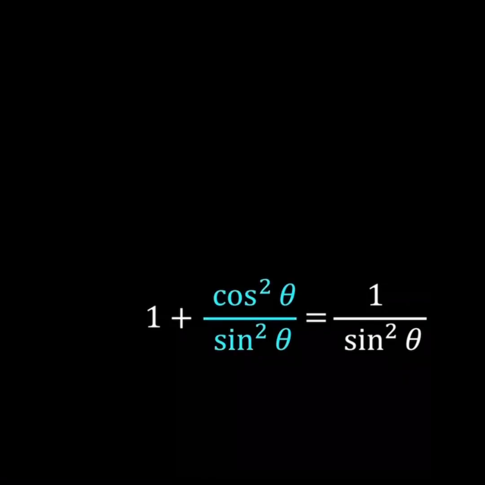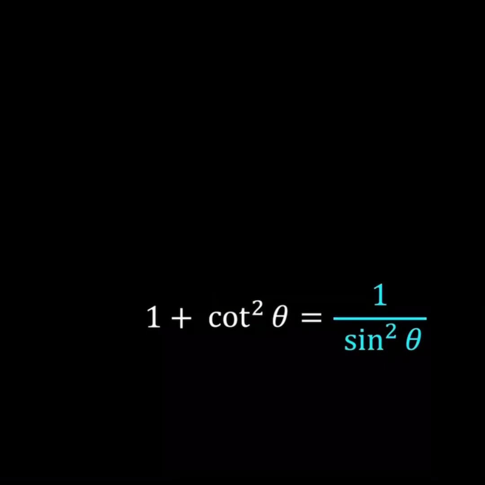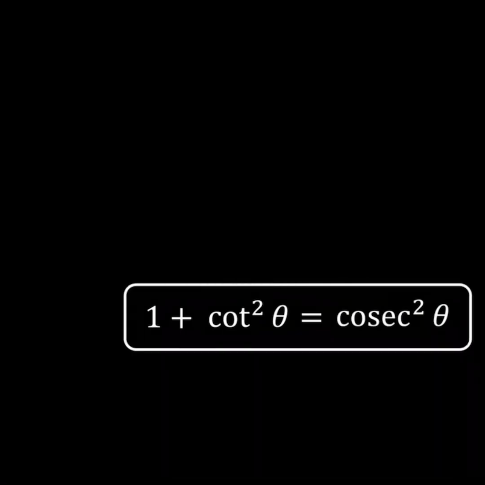The second term, cosine squared theta divided by sine squared theta, simplifies to cotangent squared theta. And the final term, 1 divided by sine squared theta, becomes cosecant squared theta. Therefore, we have created a new identity. 1 plus cotangent squared theta equals cosecant squared theta.